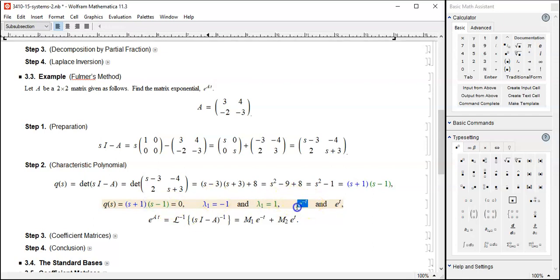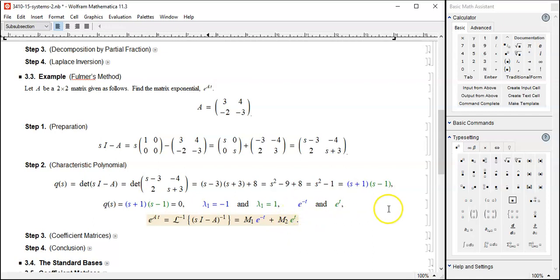So first eigenfunction, or eigenvector if you will, second eigenfunction, and then these are going to be common, so you can factor those out through scalar multiplication. And what's left will be the matrices, the coefficient matrices.